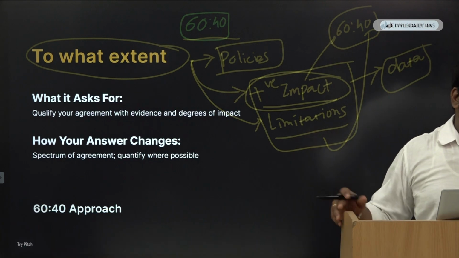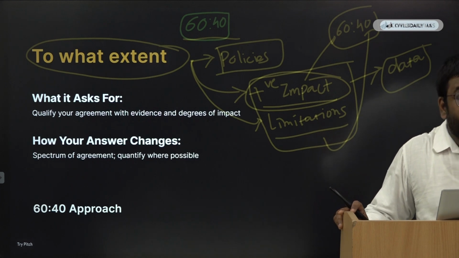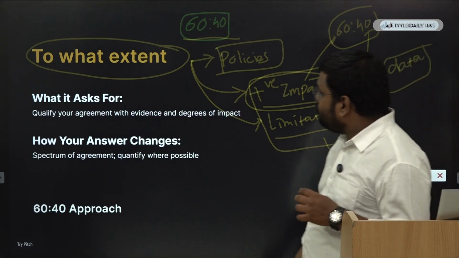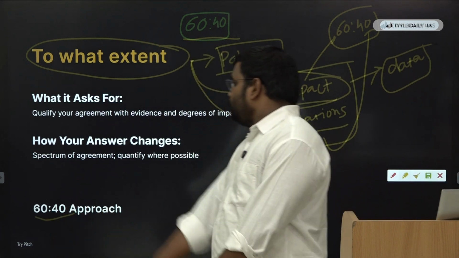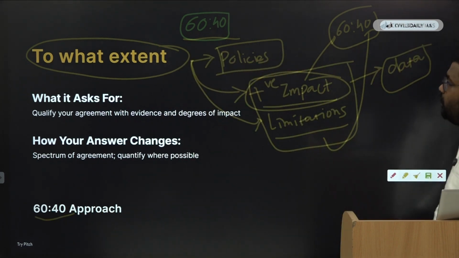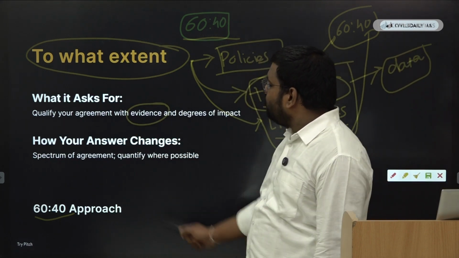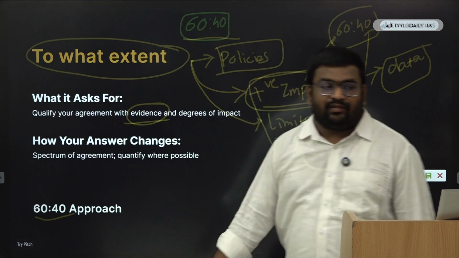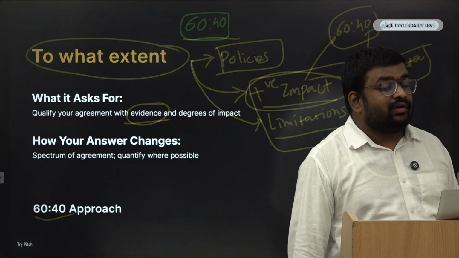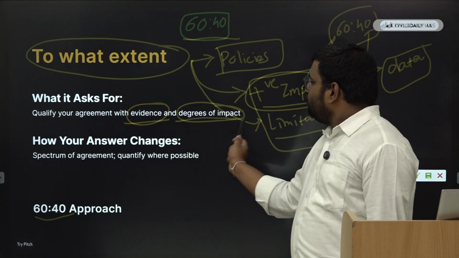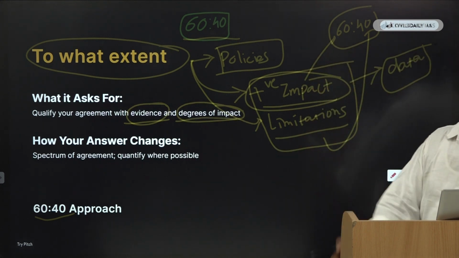It can't be just arguments, it has to be data. Here you will be using the 60-40 approach. You need to provide the evidence, that is the data or degree of impact, which you will also provide through the data.